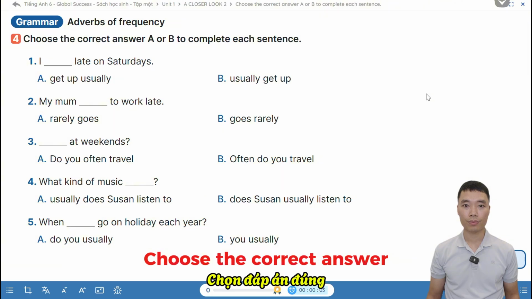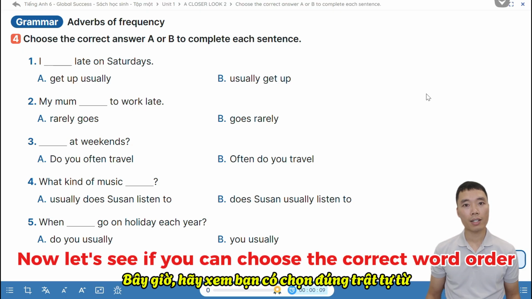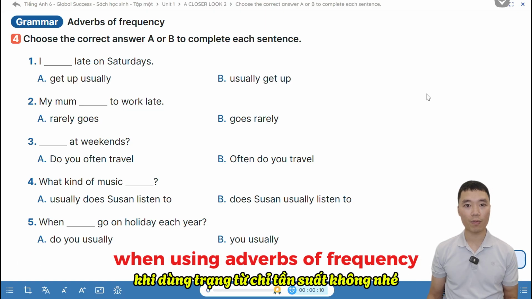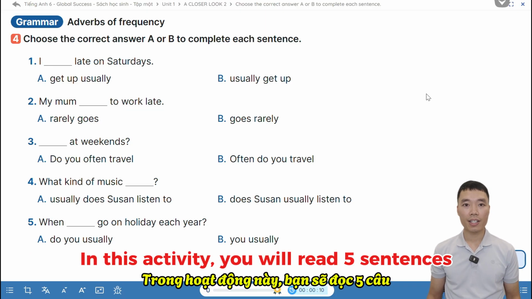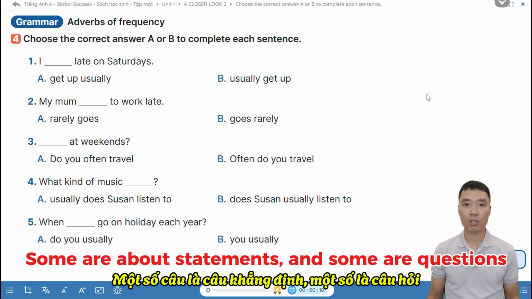4. Choose the correct answer A or B to complete each sentence. Now, let's see if you can choose the correct word order when using adverbs of frequency. In this activity, you will read 5 sentences and choose A or B to complete each one. Some are statements and some are questions.